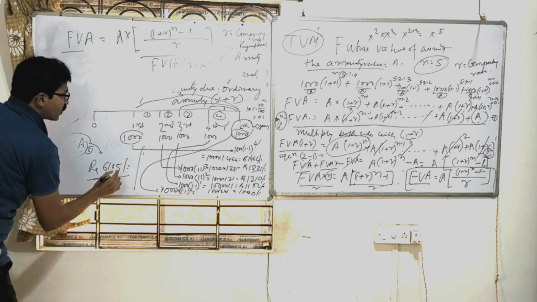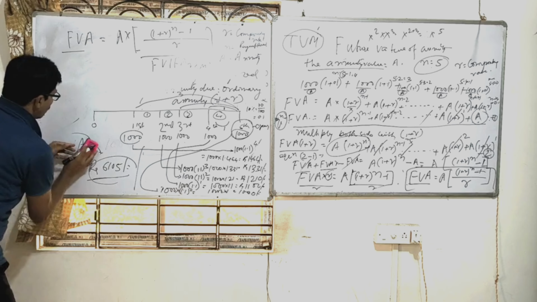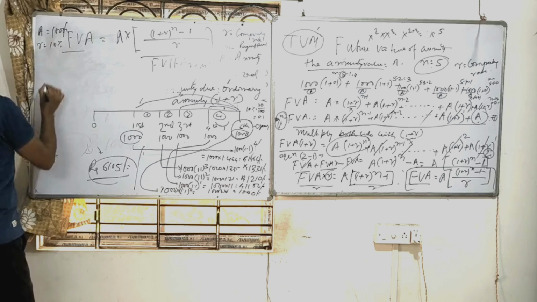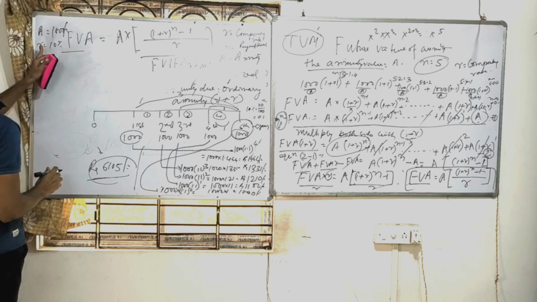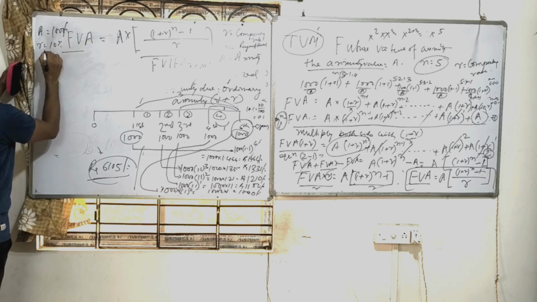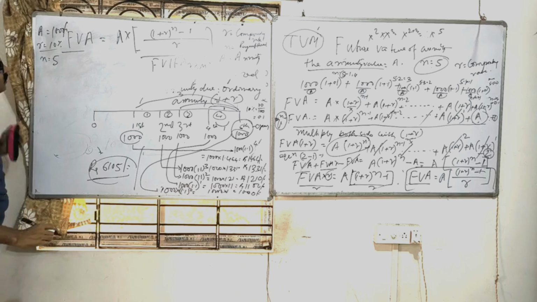This portion I am erasing, but this amount I have to keep. So annuity is equal to 1000, r is equal to 10%, which is a compounding rate, and n is equal to 5.